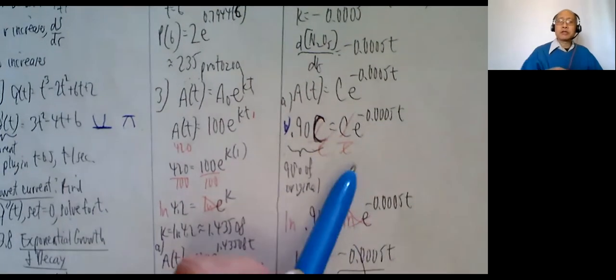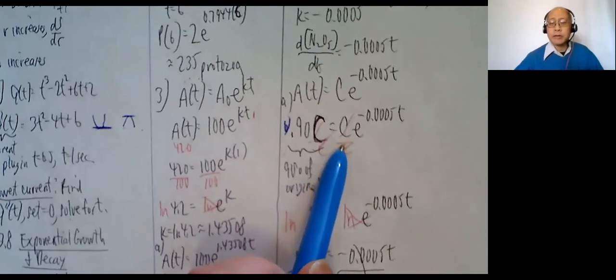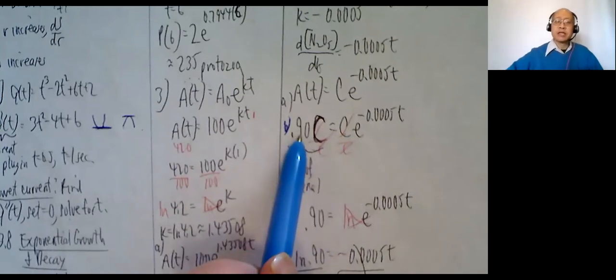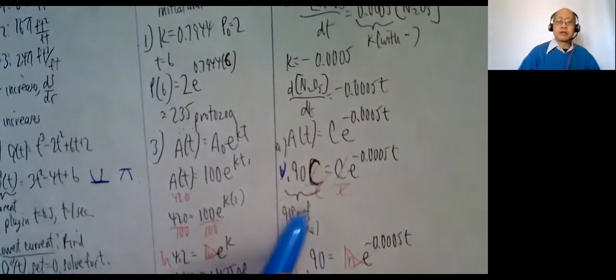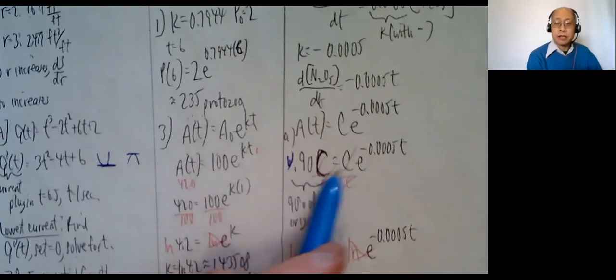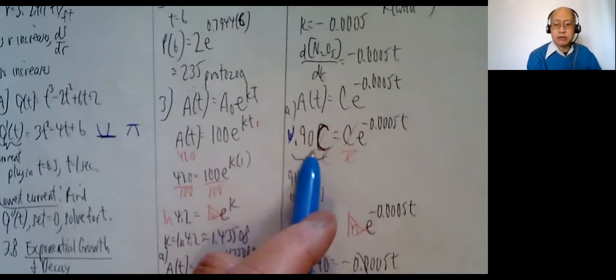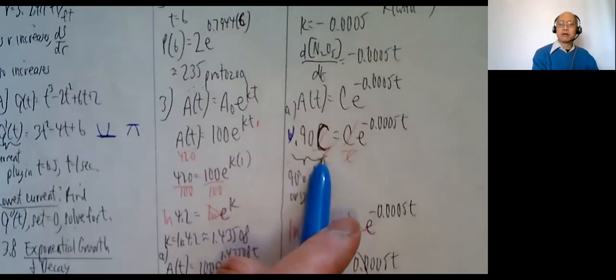That's one important principle about radioactive decay or growth: the formula is the same regardless of the initial amount. It doesn't matter if it's 90% of a tiny speck, like 1 milligram, or millions and millions of tons of some substance. This problem would still work out the same way because the C's cancel out, provided that C is not 0.